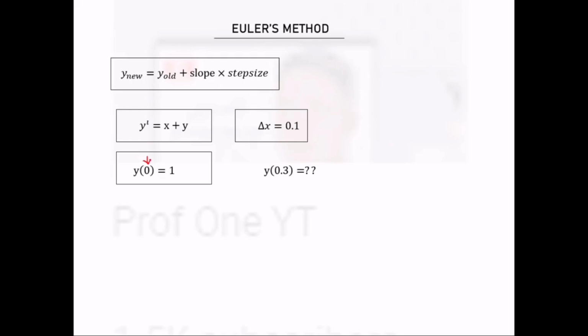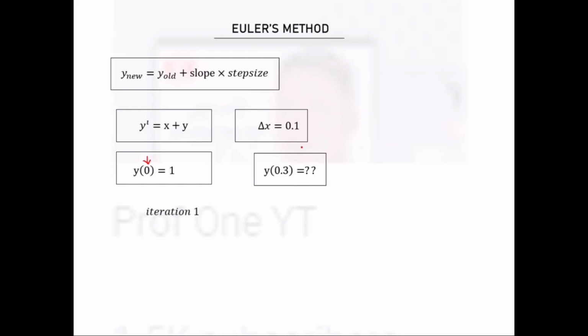If x is 0, then what will be the next step to move? You're going to add 0 plus the step size, which is 0.1. Then you're going to add another 0.1 to the 0.1, giving you 0.2. Then you're going to add another 0.1 to the 0.2, and you're going to get to 0.3. Therefore, we're going to move 3 steps. So we are going to do iteration 1, iteration 2, and iteration 3. Normally, the iteration is the steps to get to the solution.